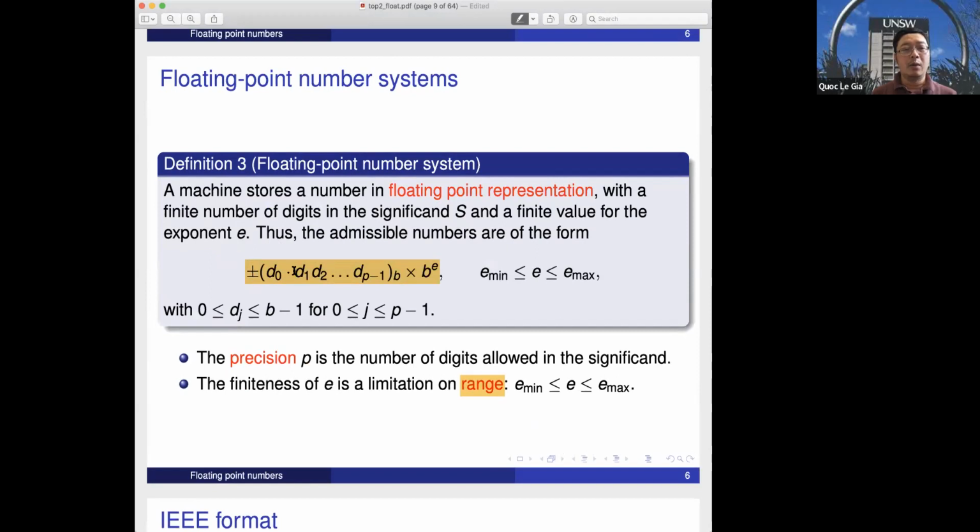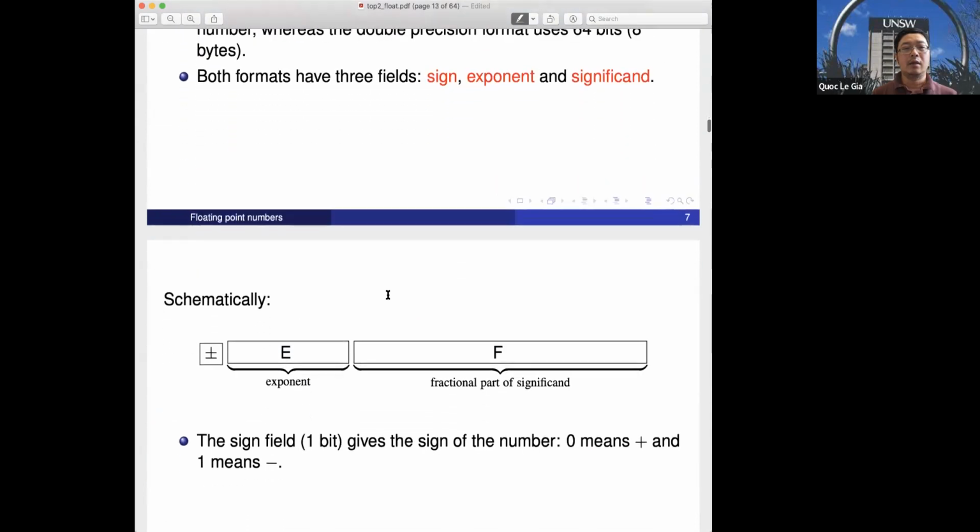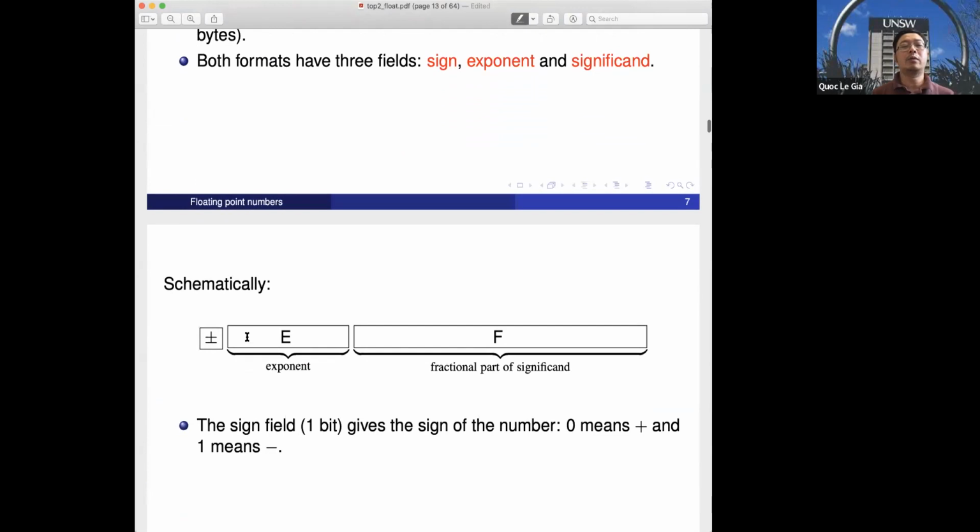And you have this part, we call it a significand. And then you have the exponent, so you have exponent E. So that has 3 components, and they will store those 3 components inside the whole register of 64 bits.